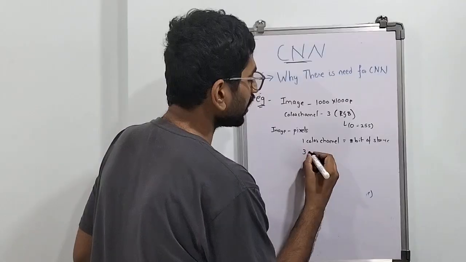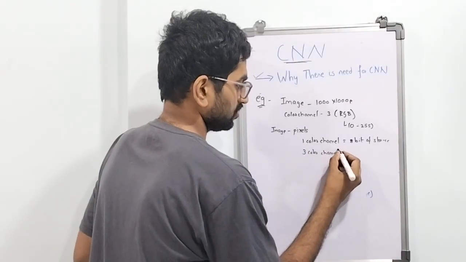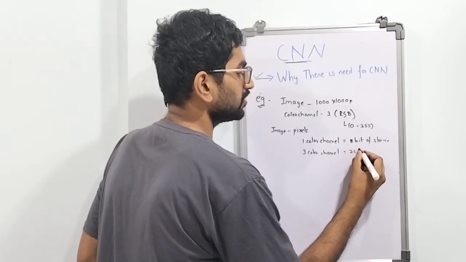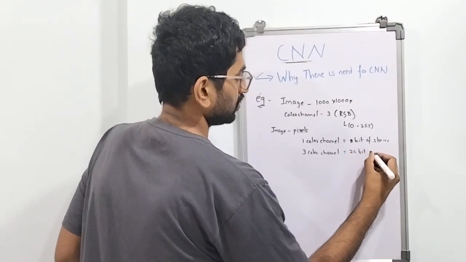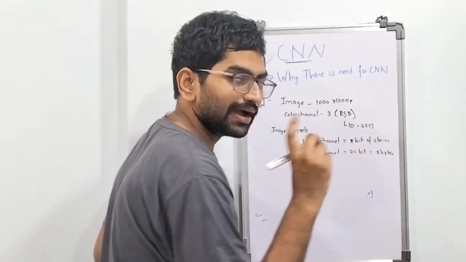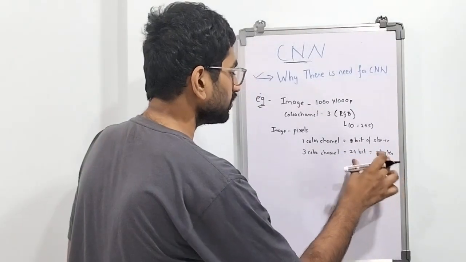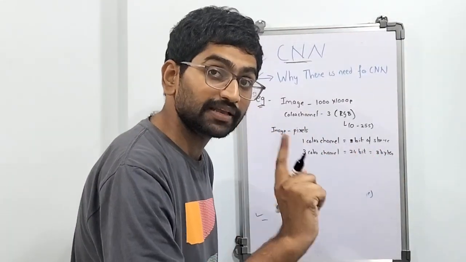Here we have 3 color channels, so it takes 24 bits of storage, that is 3 bytes, as 1 byte equals 8 bits. So 3 bytes of storage will be taken for one single pixel.